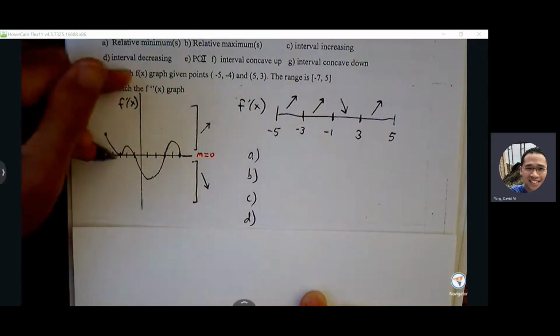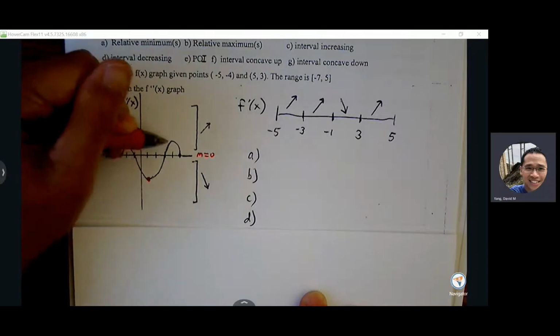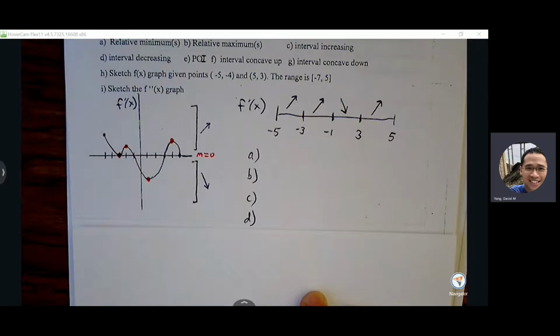Wherever there's a relative max or relative min of the f prime graph, those will be locations where the maximum steepness of your original curve is going to be, and we call that the point of inflection.